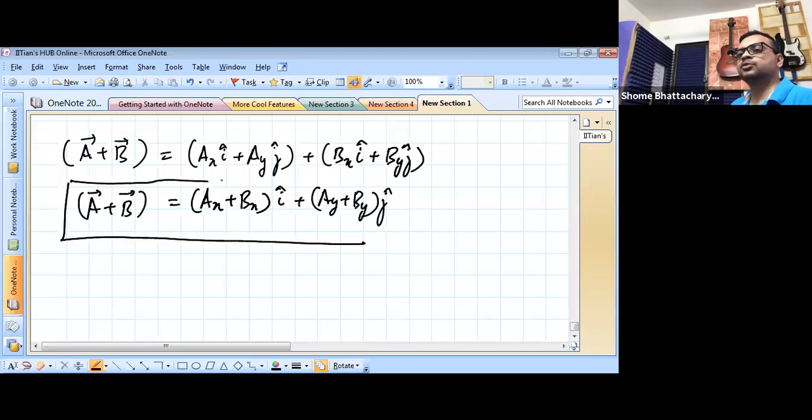And very similarly, if I put a minus sign in between, then a minus comes between the components too.